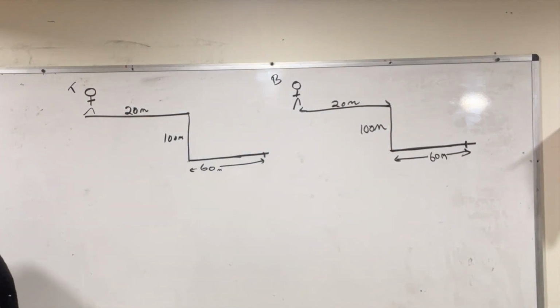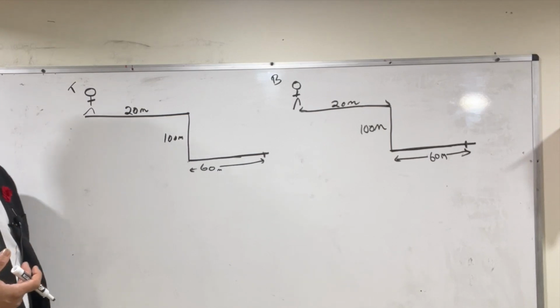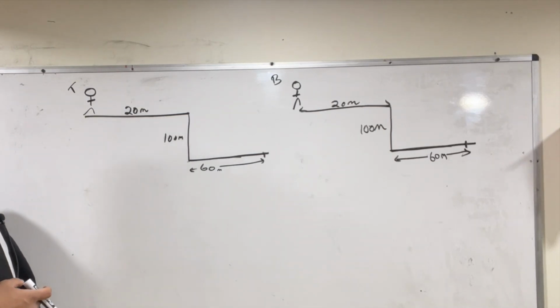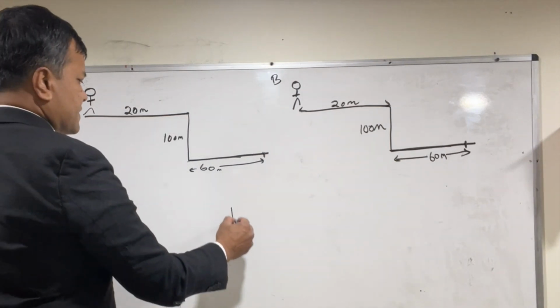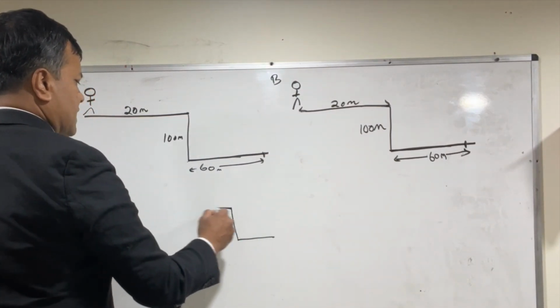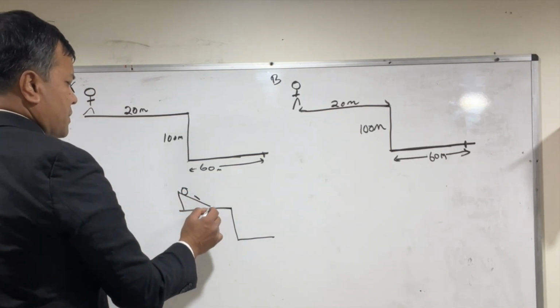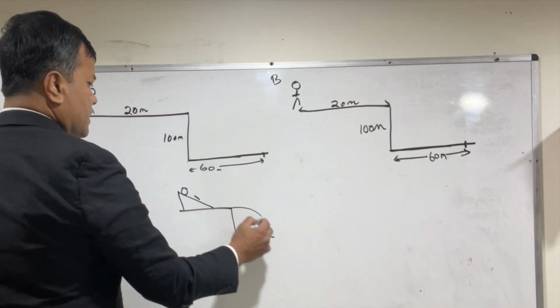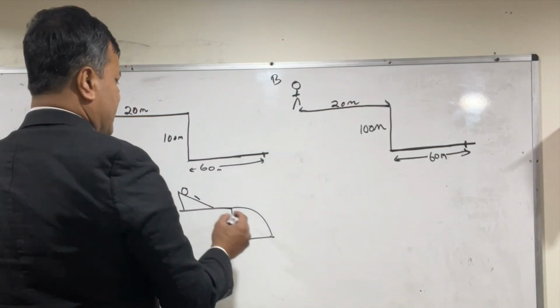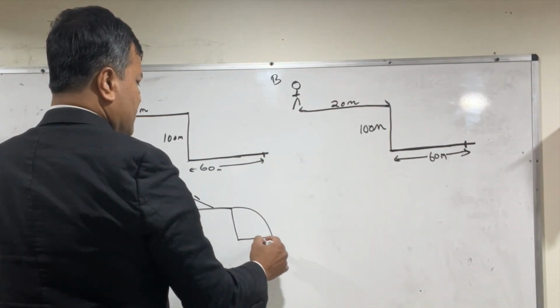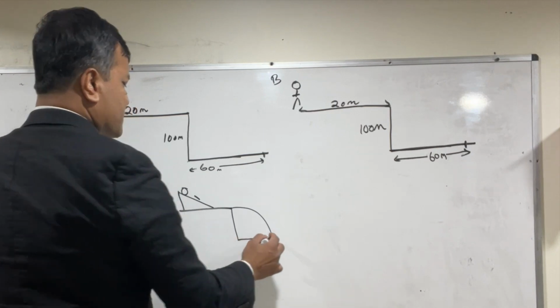All of a sudden, the terror attacked them. Understand that this is exactly the one we did last night. Roll a ball, the ball rolls and gets dropped over here, 0.60 meter from the base.